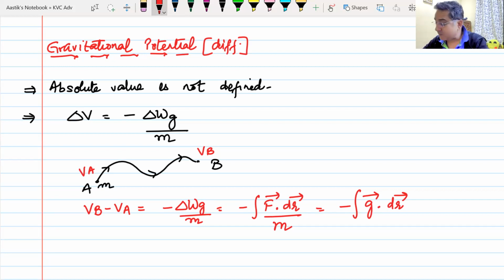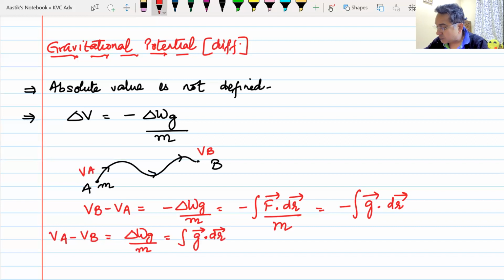Now, instead of writing it as VB minus VA, I can multiply it by negative sign and write it as VA minus VB. That will be equal to work done by gravity per unit mass. Yes or no? Yes, sir. So that will be equal to integral of g dot dr.